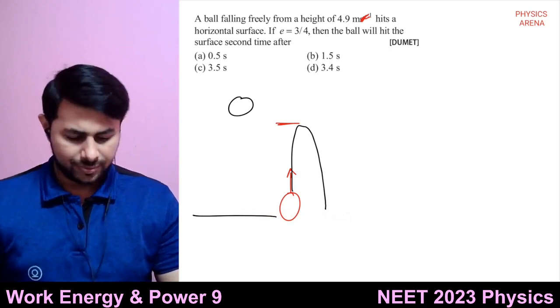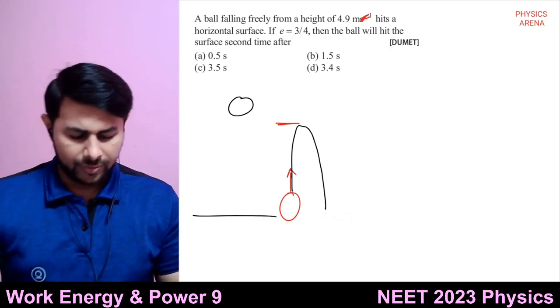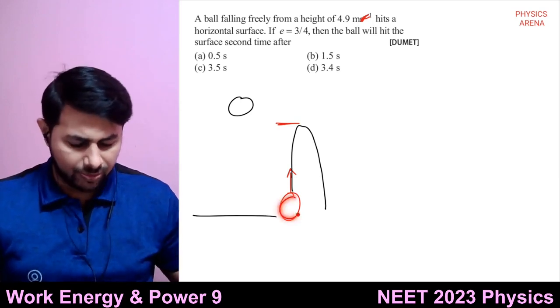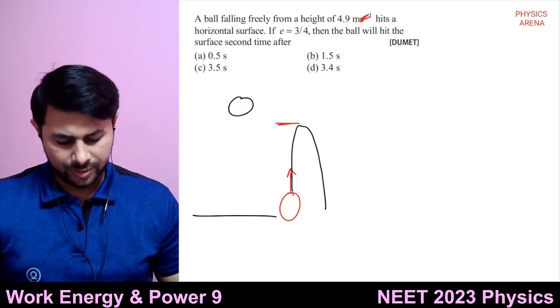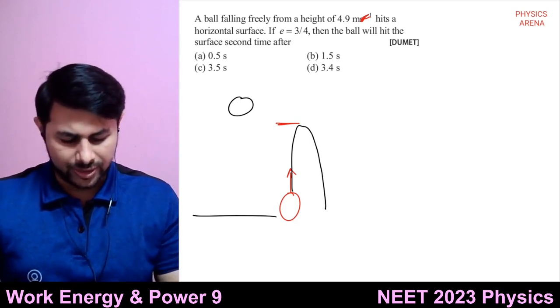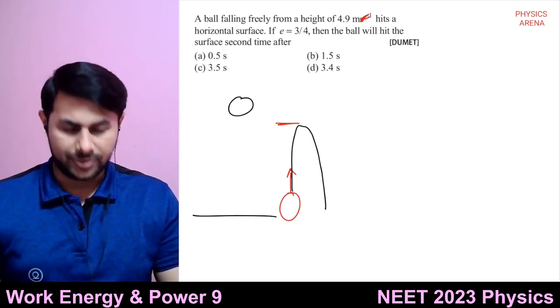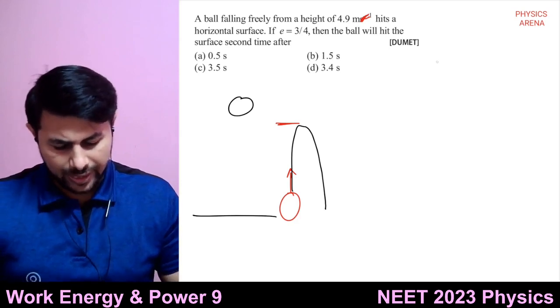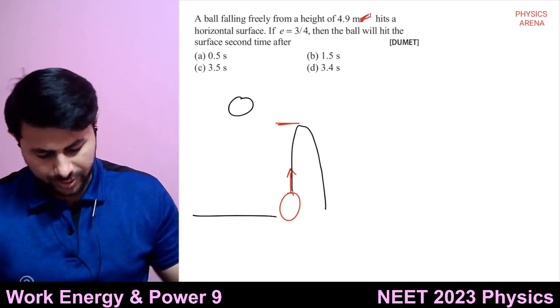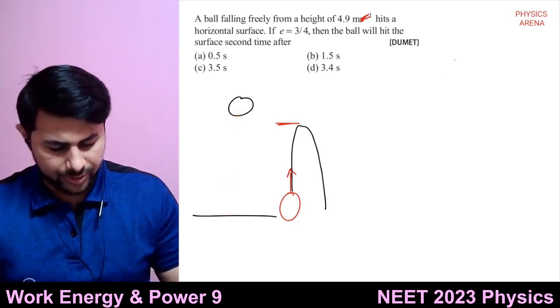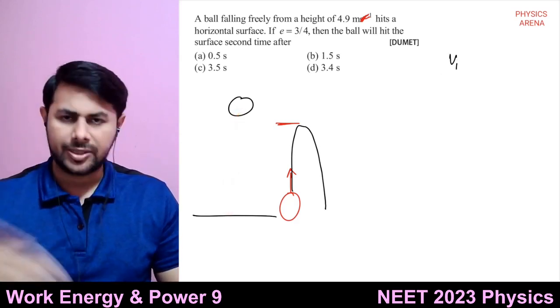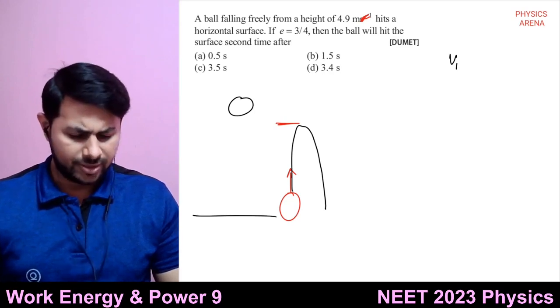So first of all, we have to find out with how much velocity it bounces. The height is 4.9. The velocity with which it strikes is, let's suppose, v1. The velocity with which it bounces back is v2.